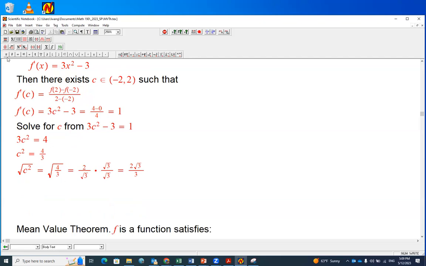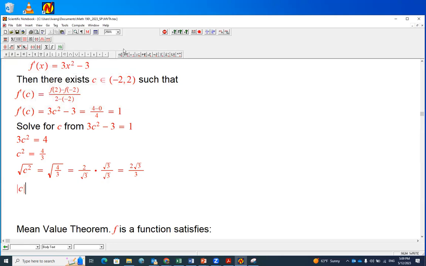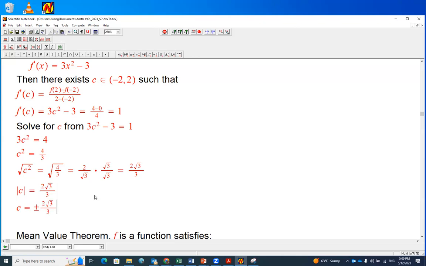Okay, so on the left-hand side, we have the absolute value of c, which equals 2 times square root of 3 divided by 3. And then to solve this absolute value equation, we naturally get c equals plus or minus 2 times root 3 divided by 3. Okay, we got 2 c's.